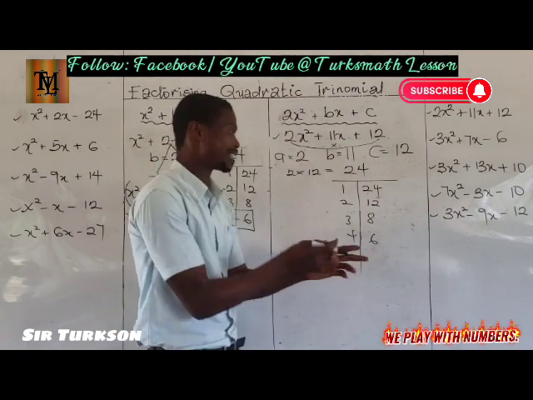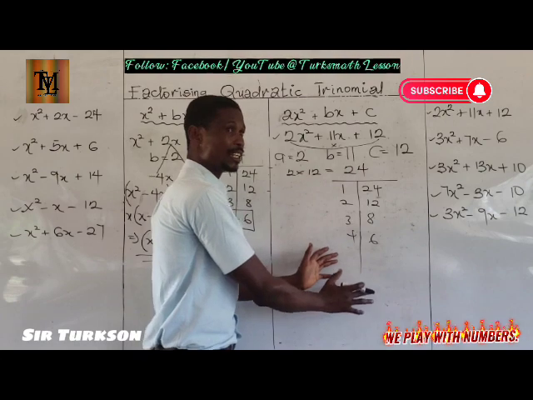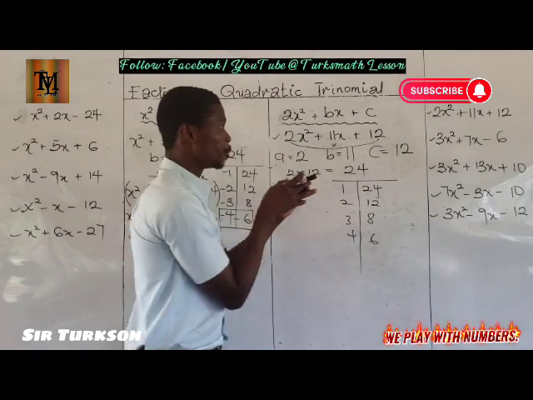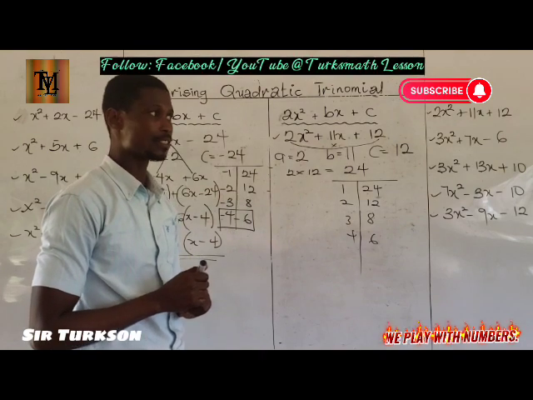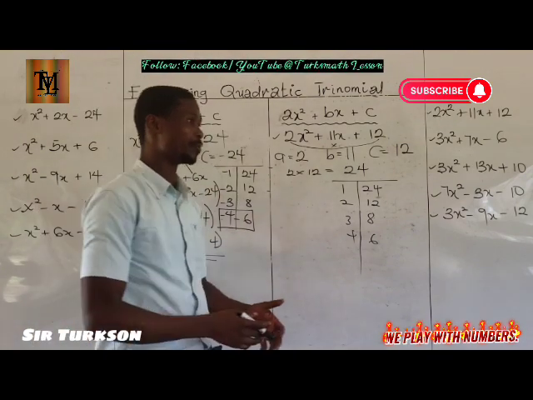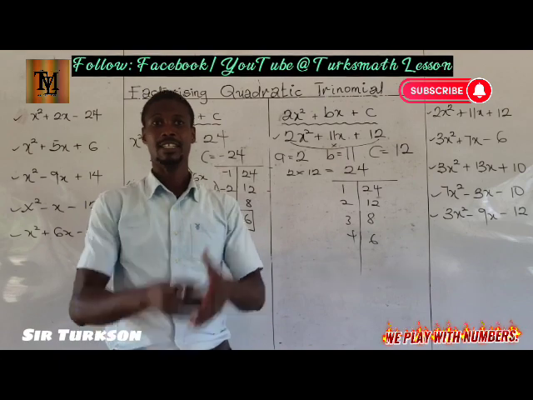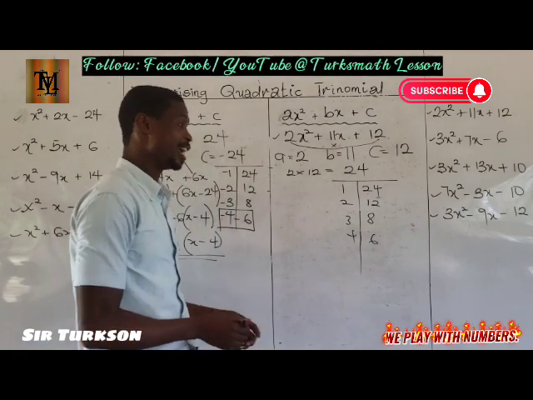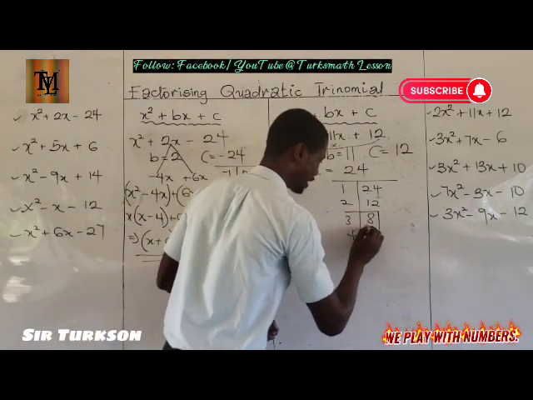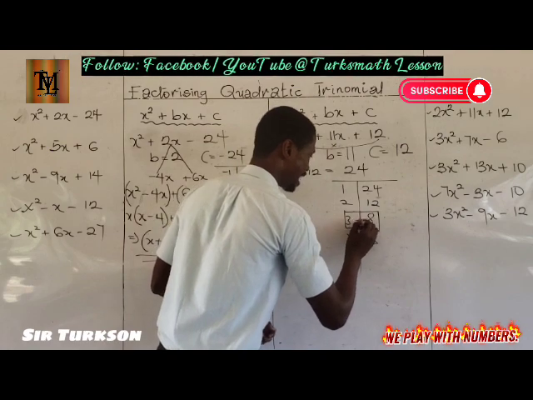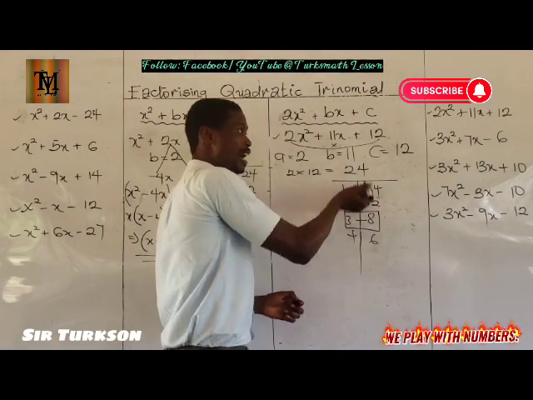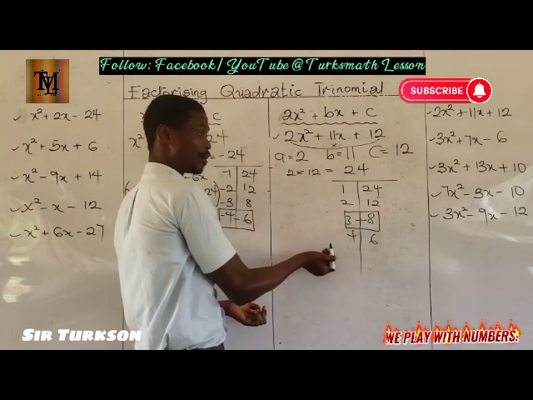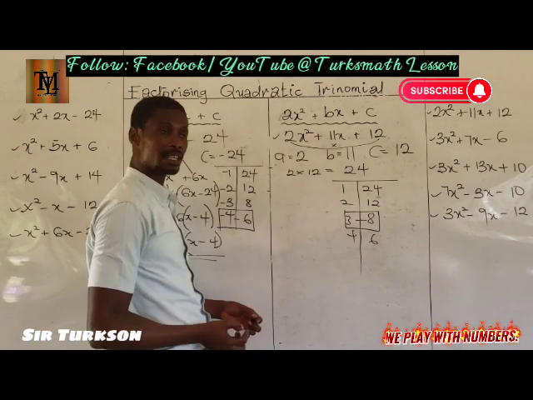So we need 2 numbers from the set here which, when you put them together, give us 11x. So what 2 numbers can we pick from here? 3 and 8. That is it. 3 times 8, you have 24. At the same time, when you add them, you have 11x.